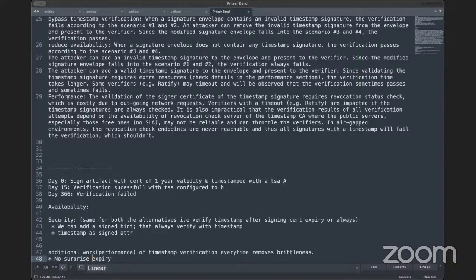That always adds, and we will always have a brittleness of revocation.